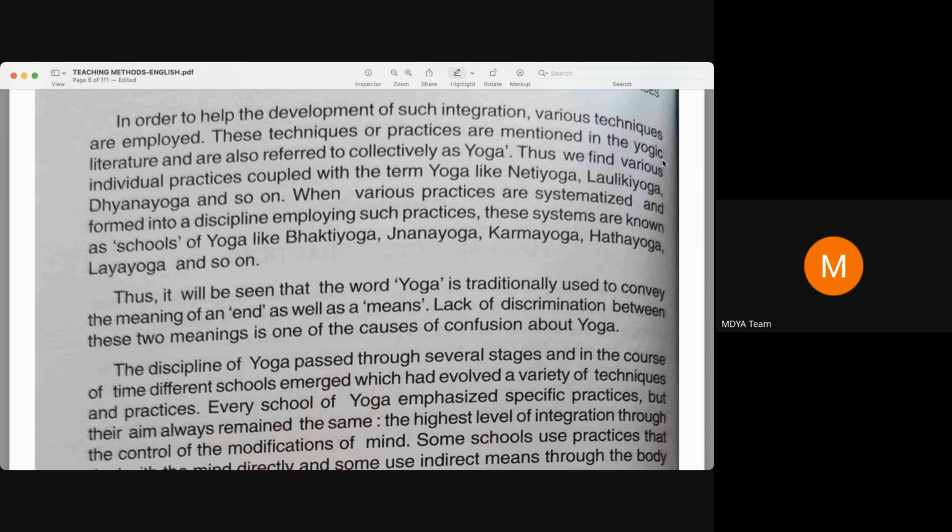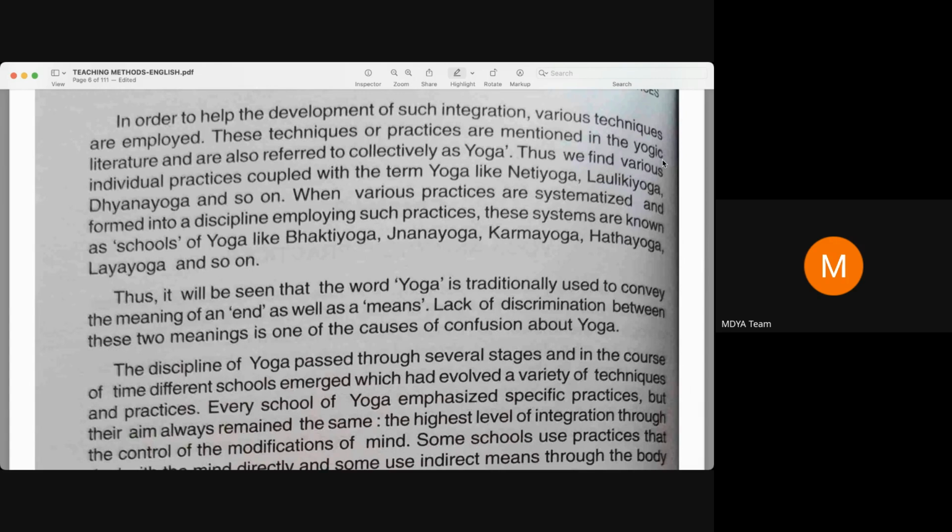And there are various links in other texts. In Gheranda Samhita, there are other links. In Hatha Pradipika, other things. In Hatha Ratnavali, other. So depending upon who the sage is, who the Maharshi is who is writing, according to their perspective, they define this term yoga.